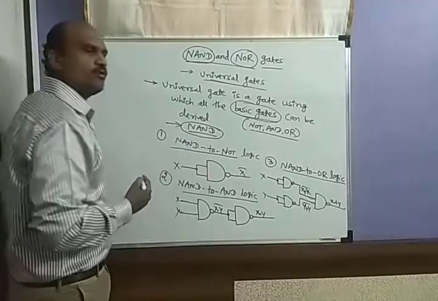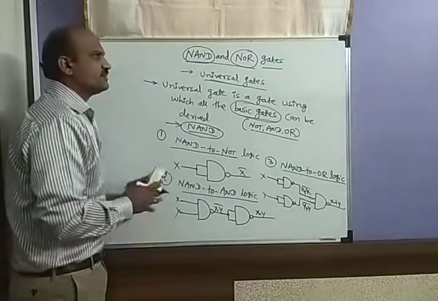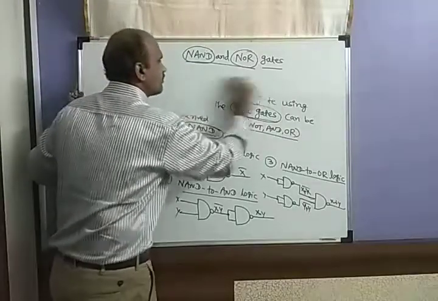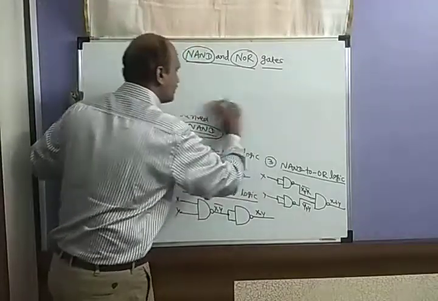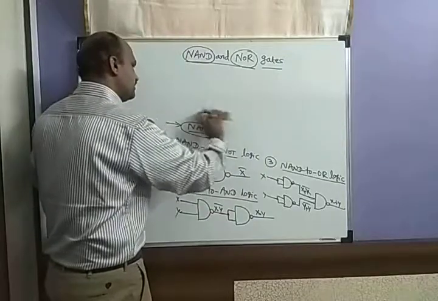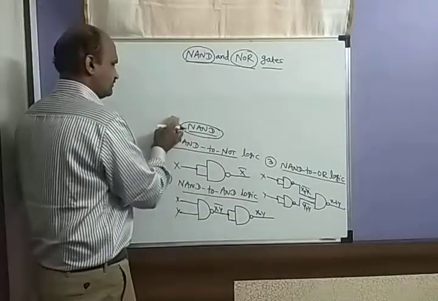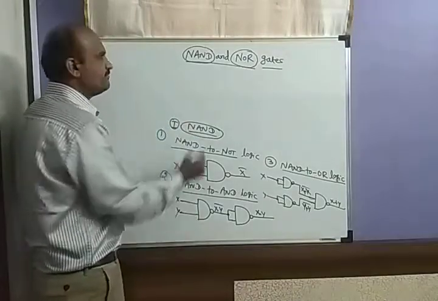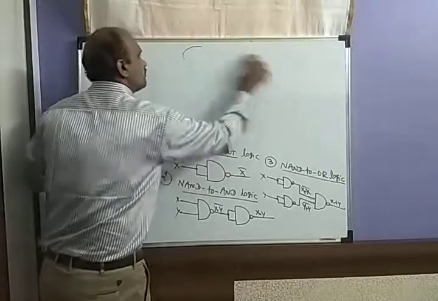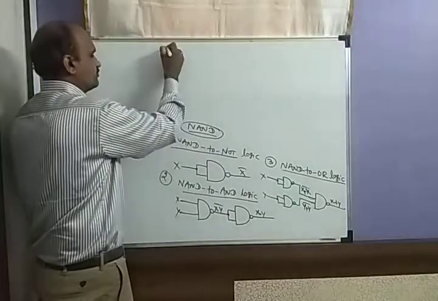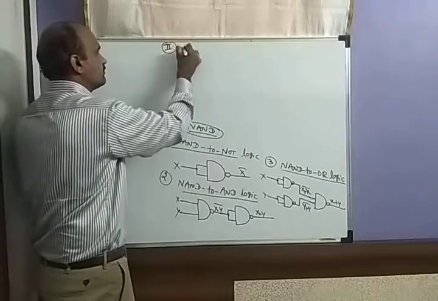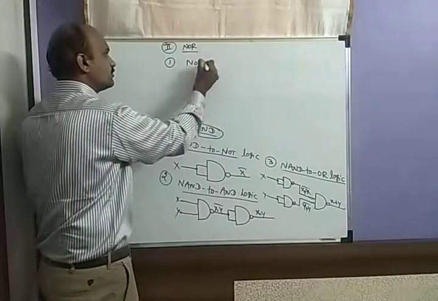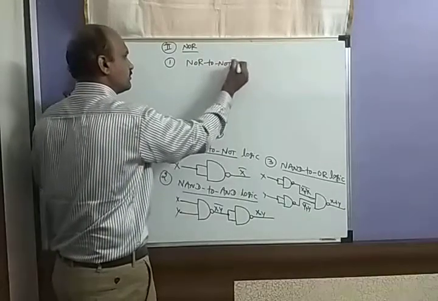These are the three basic gates derived from the NAND gate. Now the second universal gate is the NOR gate. From the NOR gate, you can again derive all the three basic gates. First, NOR to NOT logic.